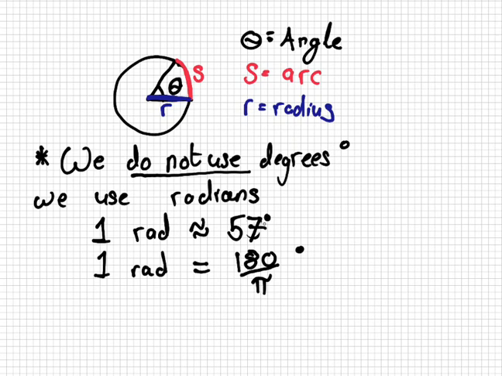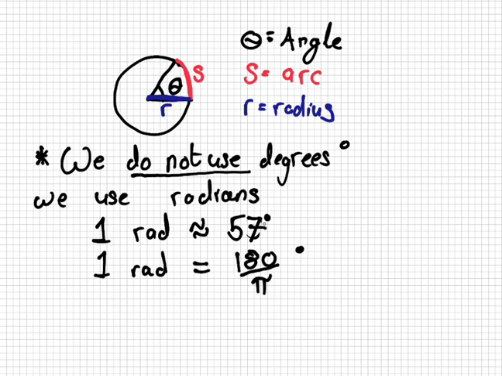So we do not use degrees. If the question used degrees, you should change it to radians. Just like in chemistry, you shouldn't really use Celsius. What should you use? You should really use Kelvin. No, you don't need to, but you should.